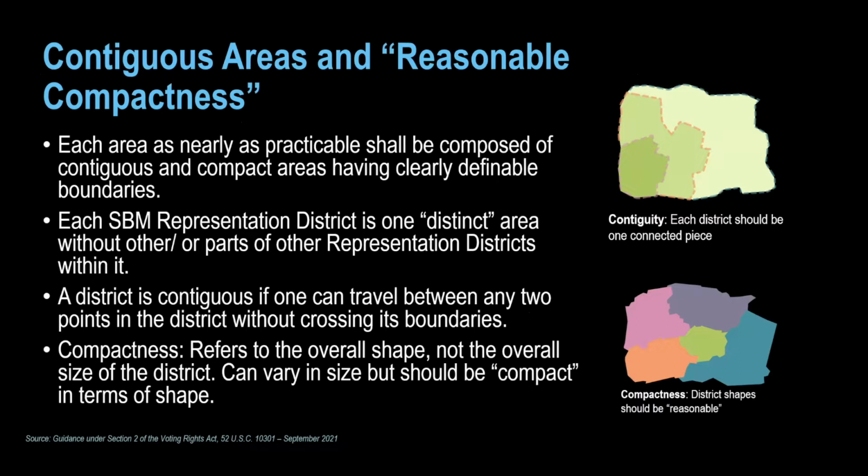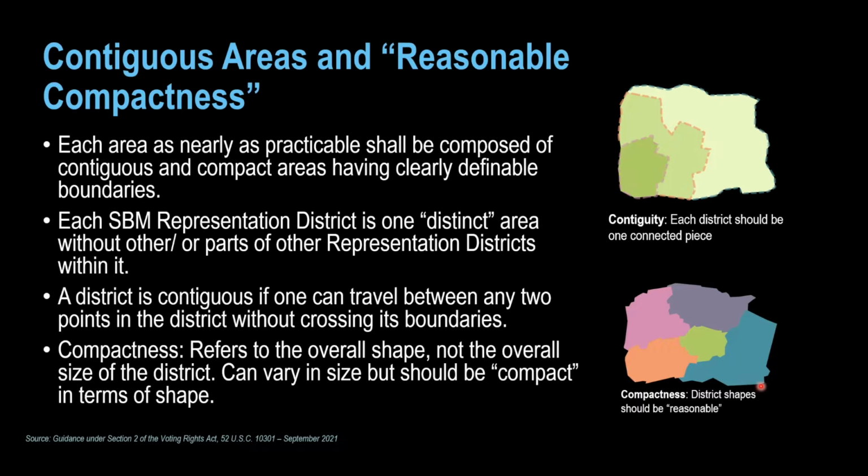And a lot of that means that what we don't want is to travel from, let's say, District 1, through another district, let's say 3, to get back to District 1. That's what this means: you don't travel through another district to get to another. And compactness refers to the overall shape of an area. It doesn't mean size. So you can have various sizes of district shapes, but they need to be compact as well.